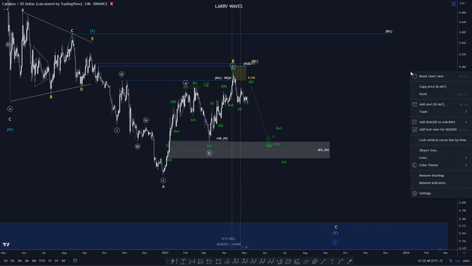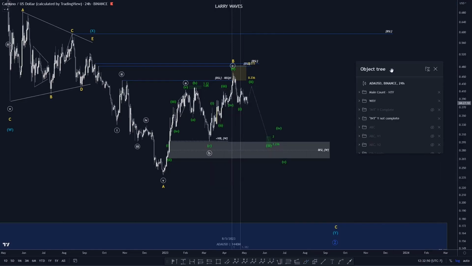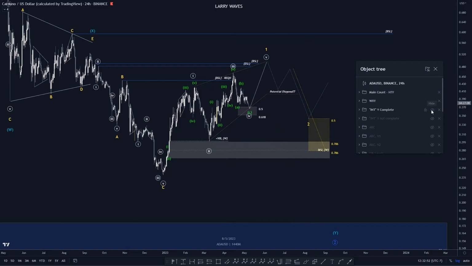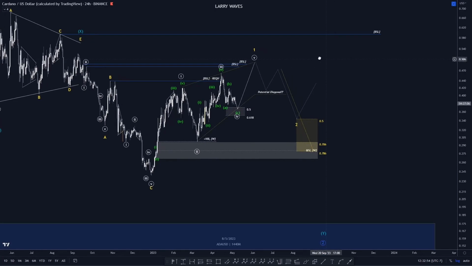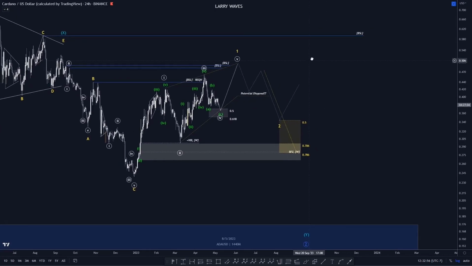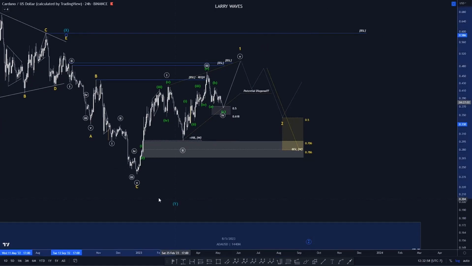But if the Y wave is complete, this is how I'm viewing it right here, where we have to move the Y wave over here, move the wave two over here.